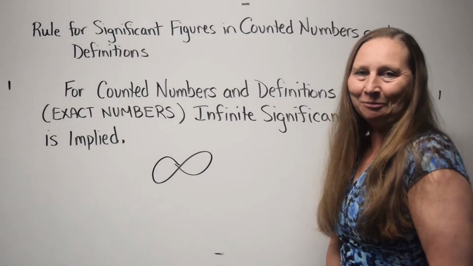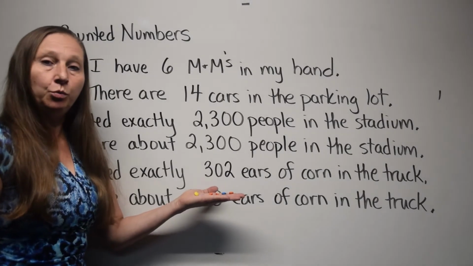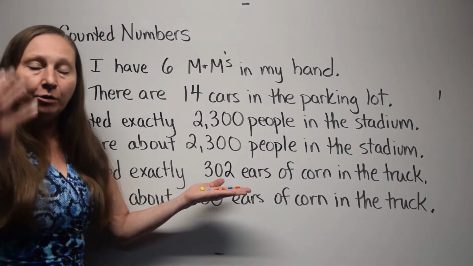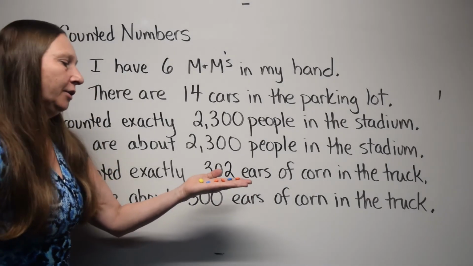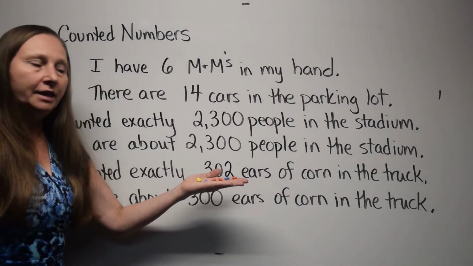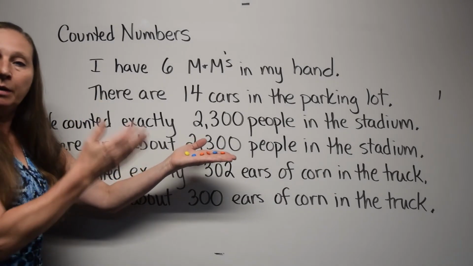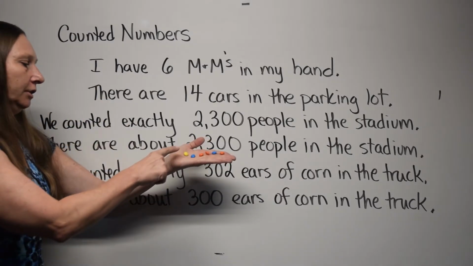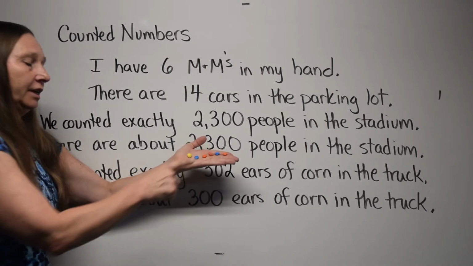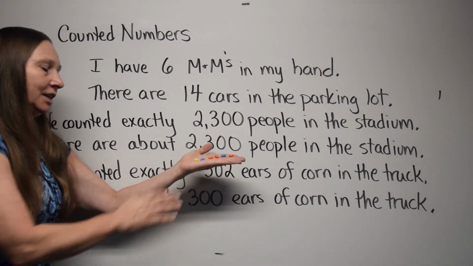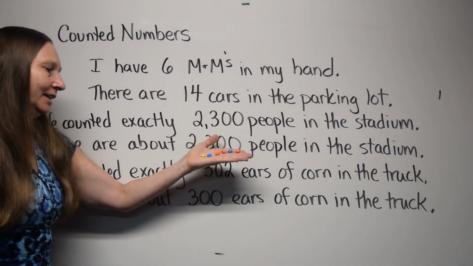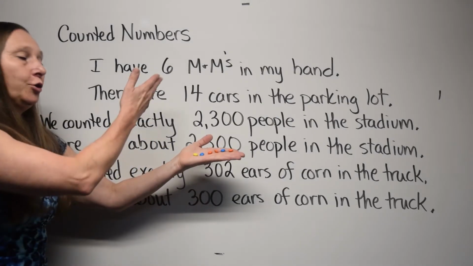Allow me to explain. What are counted numbers? If you're counting objects, then the number that you get is called a counted number. If I have 6 M&Ms in my hand, and I actually counted them, 1, 2, 3, 4, 5, 6, you can see the 6 M&Ms and corroborate that I counted them, or you trust me.